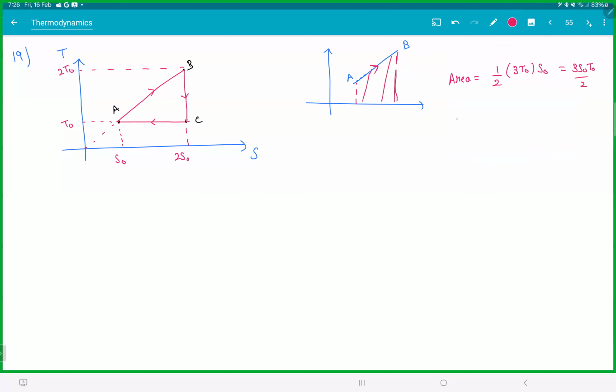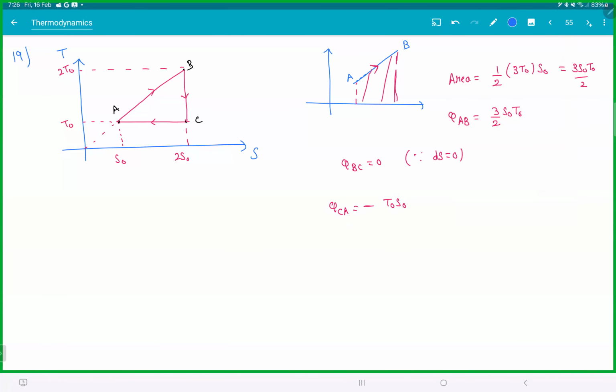And you're getting positive. So QAB is 3 by 2 S naught T naught. QBC is 0 because dS is 0. There's no area. Whereas QCA will be negative because it's decreasing in T and delta S, so T naught S naught.